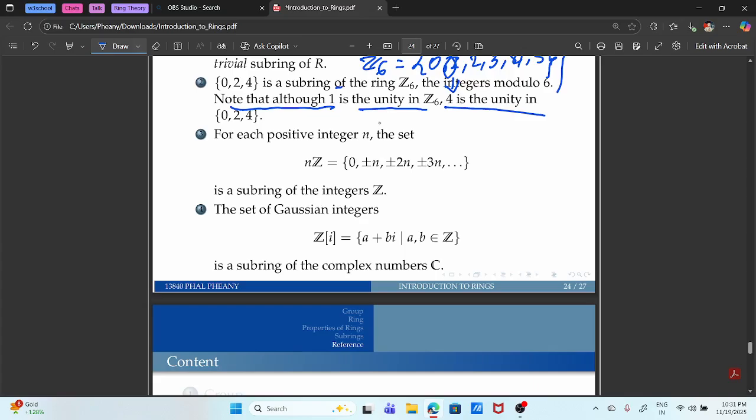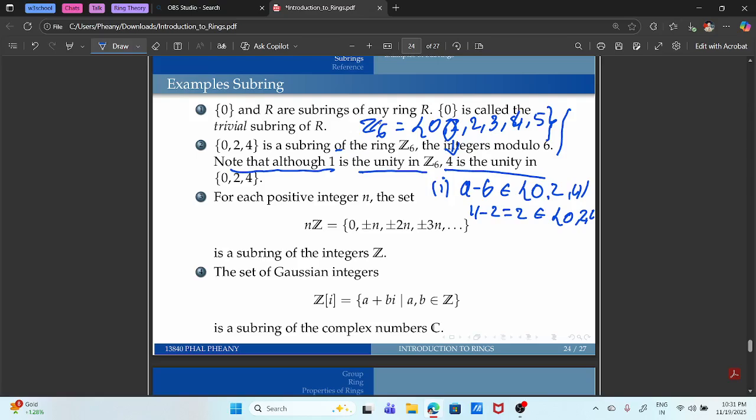In this part, I explained something wrong in the first condition. For the condition, we have to check that a minus b belongs to the set. Okay, sorry, I have done something wrong here. So 4 minus 2 is equal to 2, and 2 belongs to {0, 2, 4}.